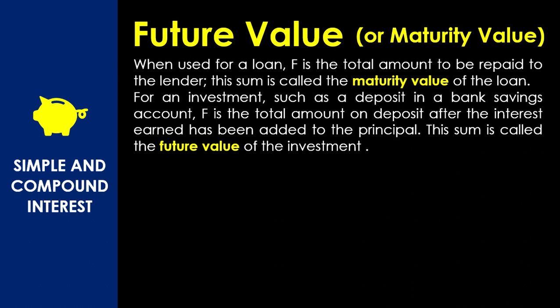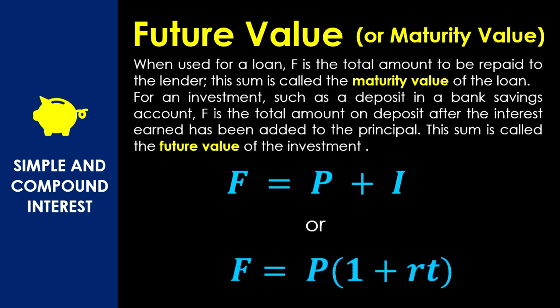Anyway, it has the same formula: all we need to do is to add the principal amount and the interest. If we use the formula earlier, then we'll have this: future value is equal to P times the quantity of 1 plus RT. So let's utilize all of this in answering the following problems.